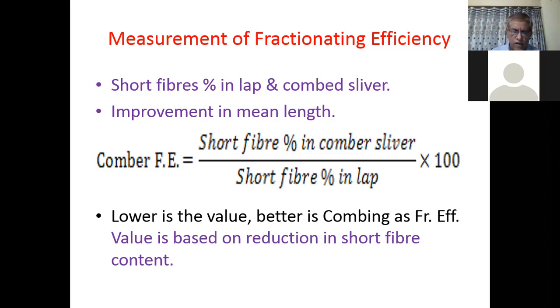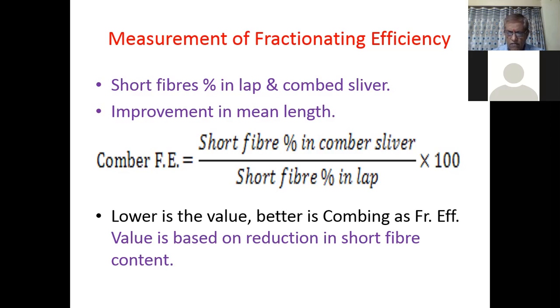The formula for calculating comber fractionating efficiency is short fiber percentage in combed sliver divided by short fiber percentage in lap, into 100. It means we will study the short fiber percentage after combing and before combing: before combing in the lap, and after combing in the combed sliver.